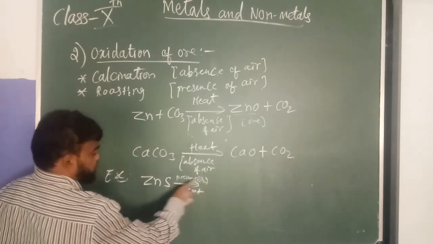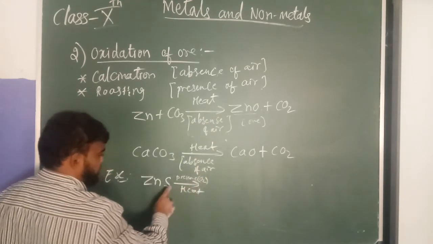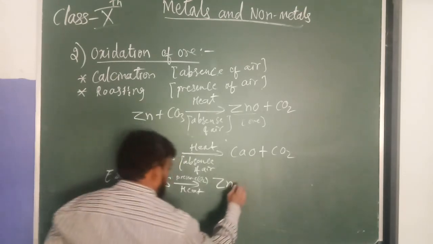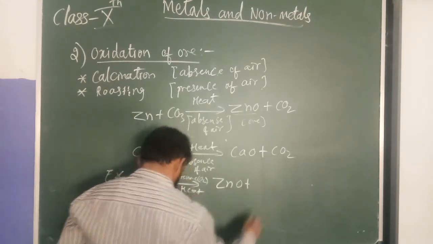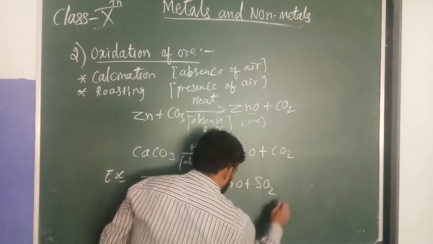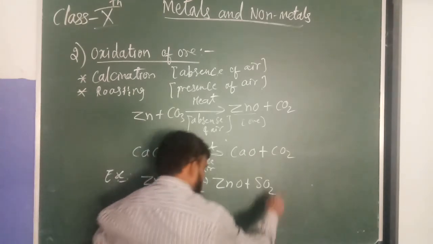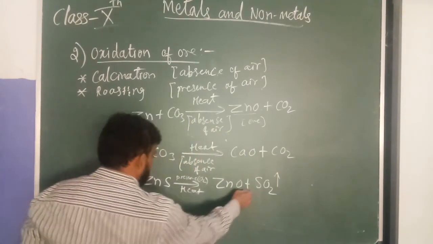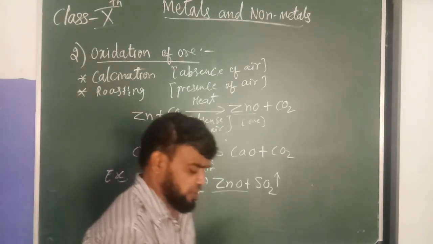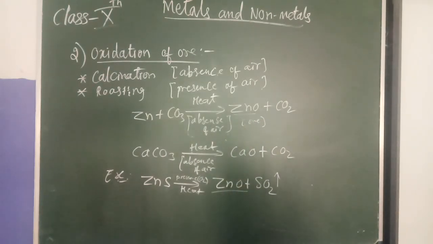Zinc oxide will form, and sulfur dioxide, SO2. The sulfur dioxide gas will be released. This is the ore particles we will get. And next, we will explain the reduction of metals in the next part. Understood?